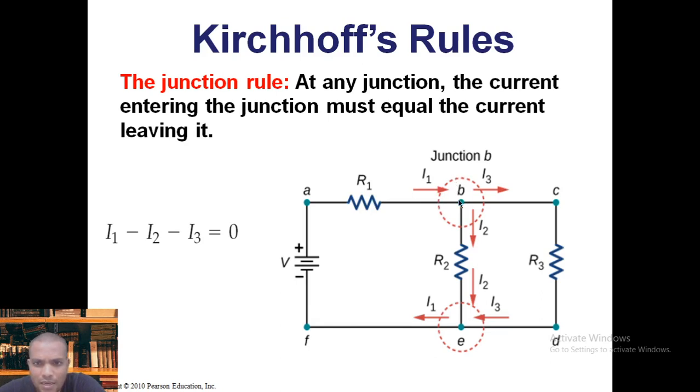At B, current I1 is entering and I2 and I3 are leaving, and the same pattern of currents follows at E. In this case, there is no need to consider two junctions, because if you consider both, you get the same result. One junction is enough to solve for the component values.